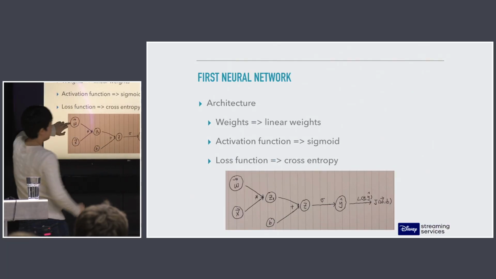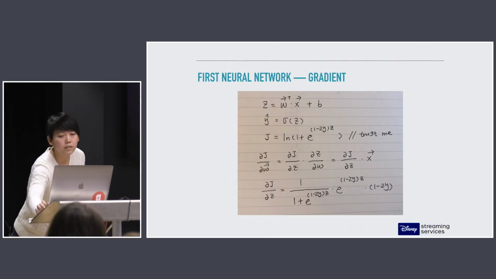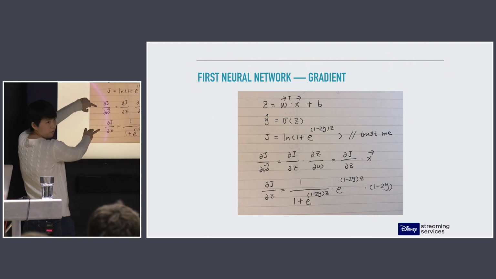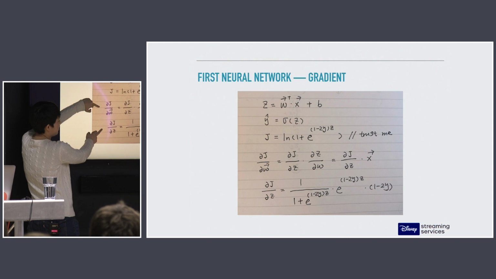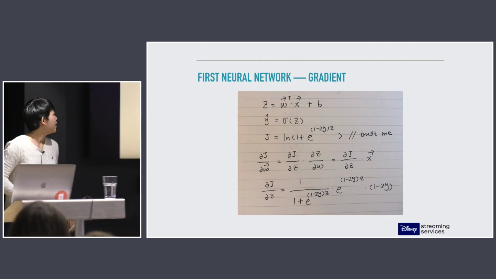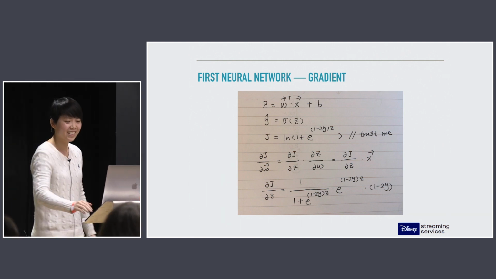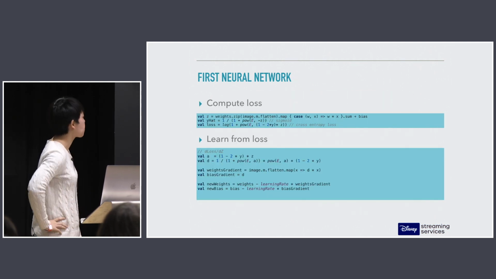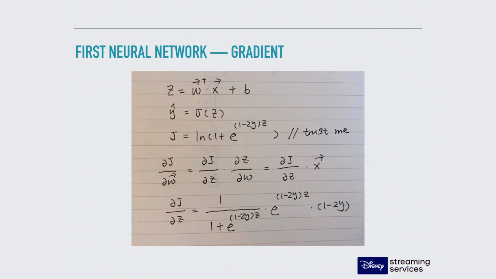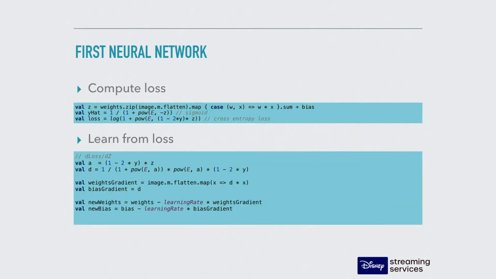OK? So here are the two values that we care for. This is essentially the gradient on bias. This is essentially the gradient on the linear model itself. And this, just trust me on this. And in terms of code, it's really just translating these into code. It's nothing special.